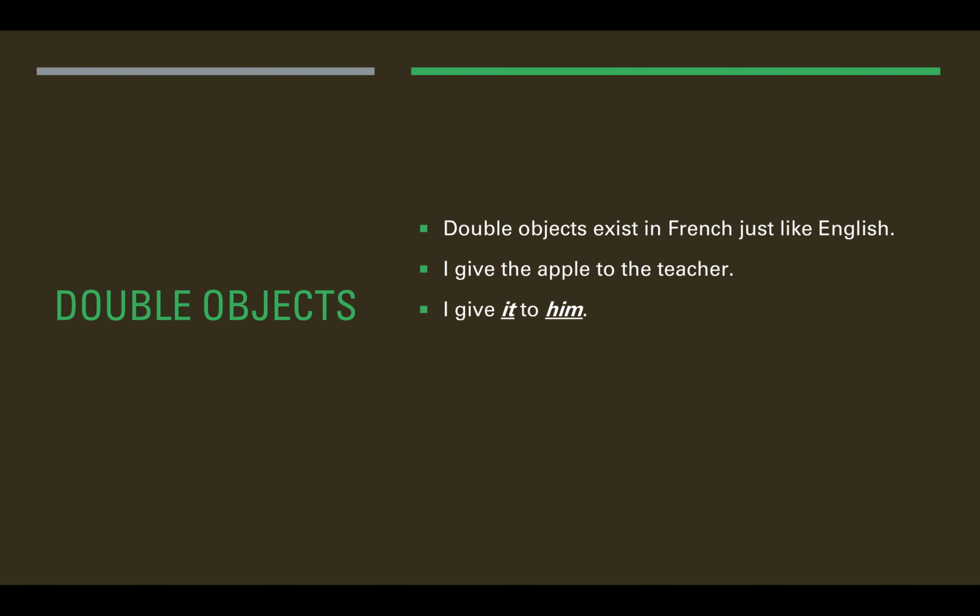There is some argument right now, and certain countries have adopted different feminine forms, but that really goes out of the scope of this class, so just be aware it is out there if ever you see it. But in France, it doesn't exist. So, je donne la pomme au professeur. We don't know if professeur is masculine or feminine.